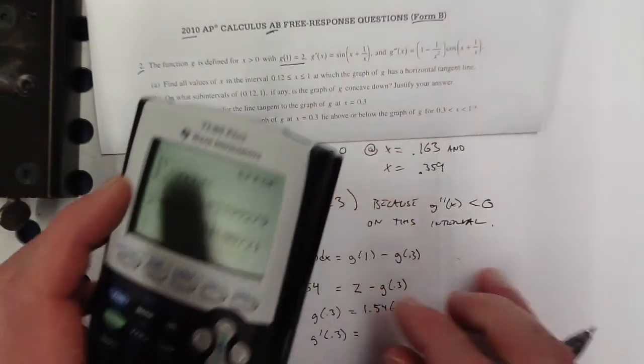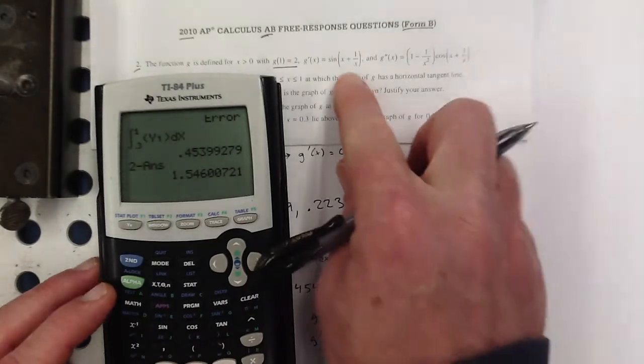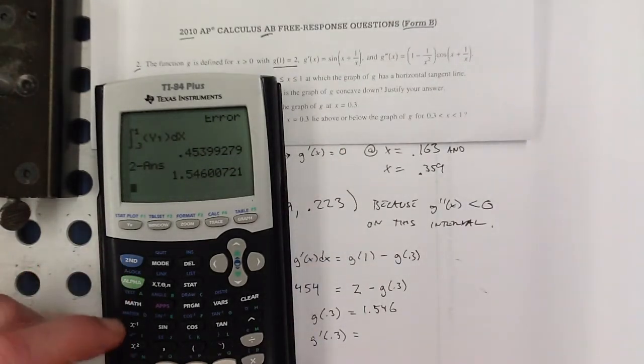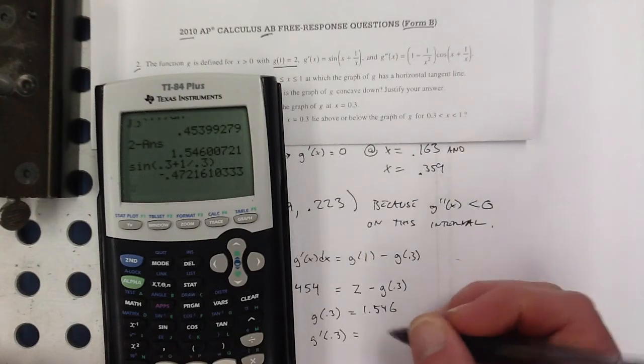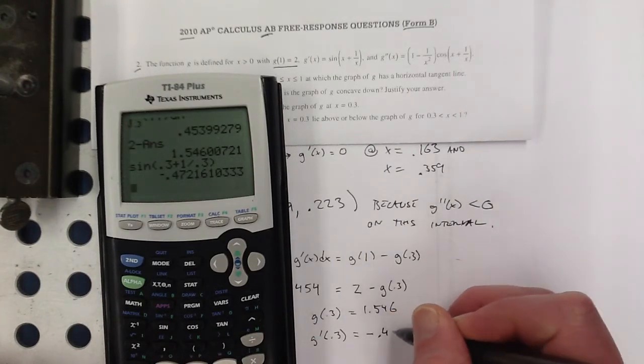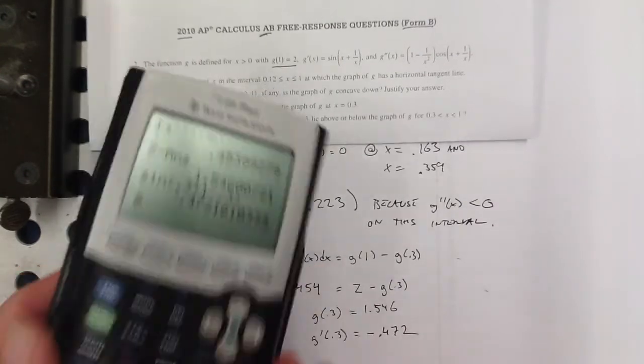And I have g prime right here, so I could do that on the home screen too. I just need to know what is the sine of 0.3 plus 1 over 0.3. That is negative 0.472. So I have everything I need.